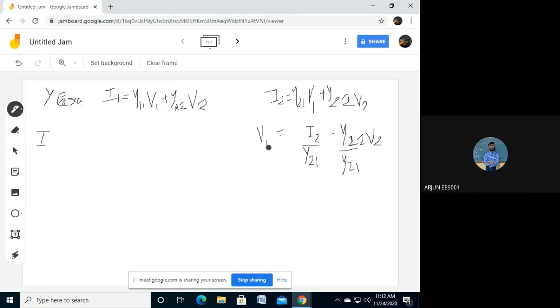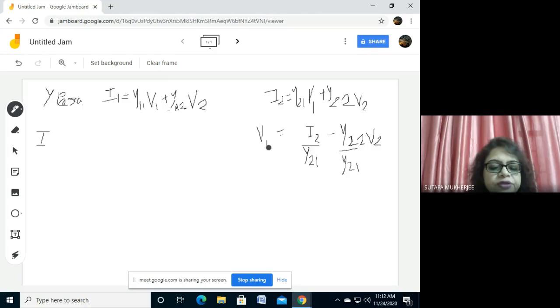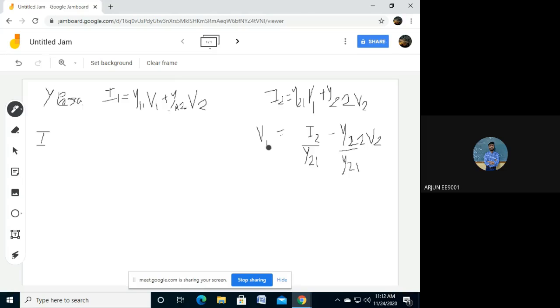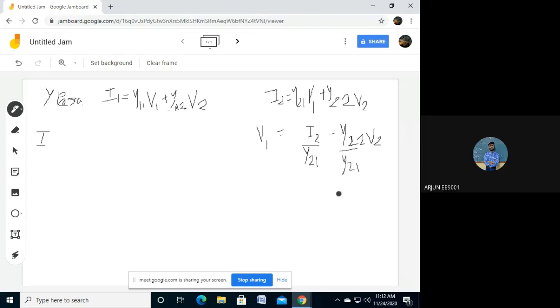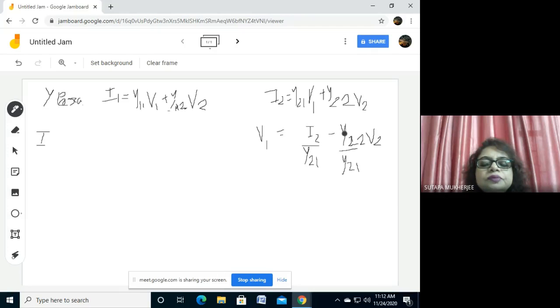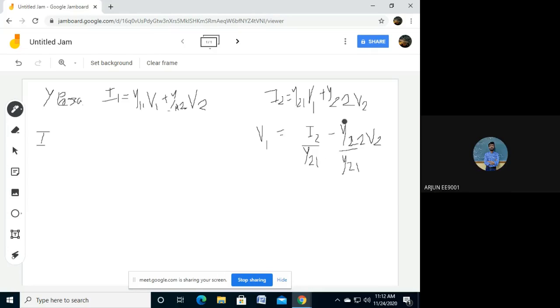In the case of ABCD parameters we know the function: V1, I1 are functions of V2, minus I2. So V1 equals A V2 plus B. Here we get A equals minus Y22.